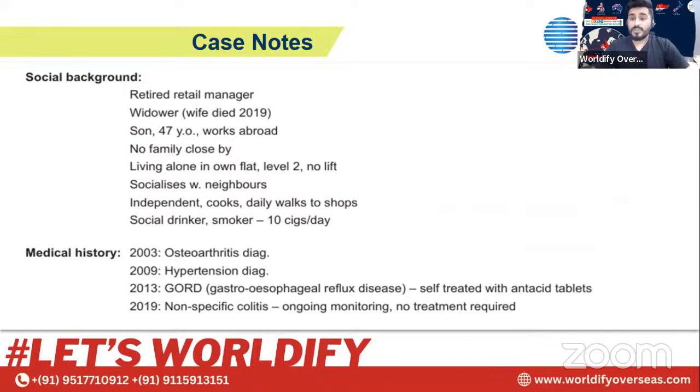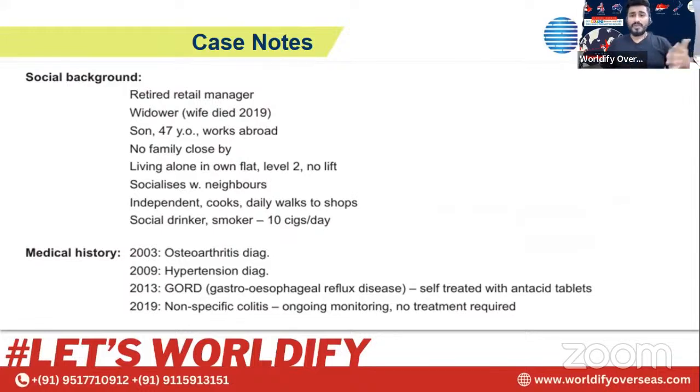Again, in normal circumstances, we think this information is relevant, right? This is the patient's background and everything. But in OET, they are very choosy, very picky, and we only have to pick the notes which are relevant to the recipient here.